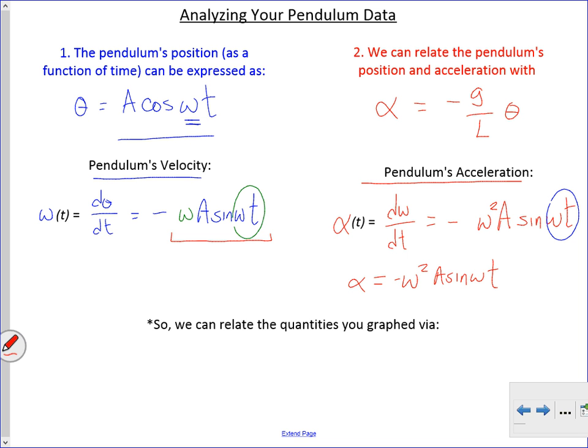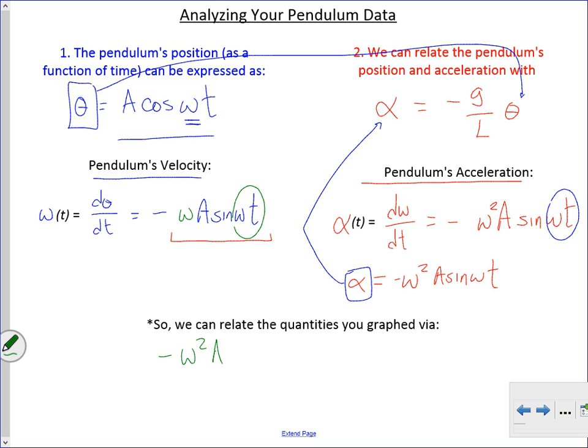Okay? So check it out. We now have something we can plug in to here, and something that we can plug in to here. So instead of writing alpha, I'm going to write negative omega squared a sine, crap. Some of you caught this a minute ago. This is not supposed to say sine. That's supposed to say cosine, right?